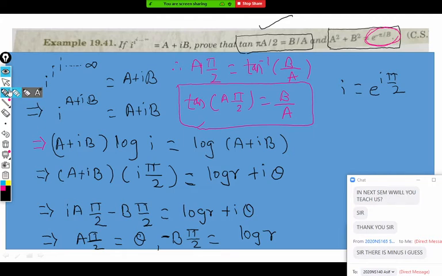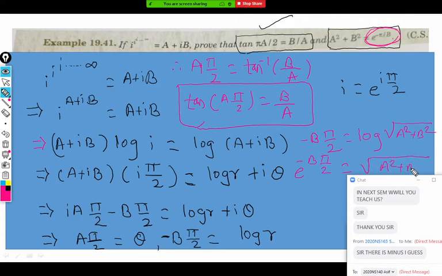Okay, I'm going to replace. I'll do it in this other color. So minus b. Now in the second, minus b pi by 2 is equal to log of root of a square plus b square. That is r is log of root of. So taking anti-log, e raised to minus b pi by 2 is root of a square plus b square.